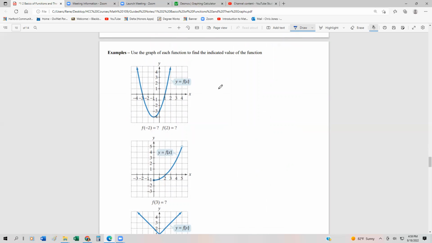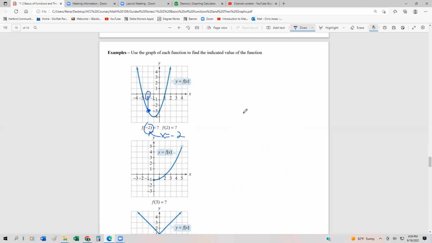Another exercise is looking at the graphs of functions and being able to find indicated values. Essentially, you're just lining up points and finding them. We have this function here, and it is a function because it would pass the vertical line test. We're going to find f at -2. That means we look at where x is -2, and we line it up.